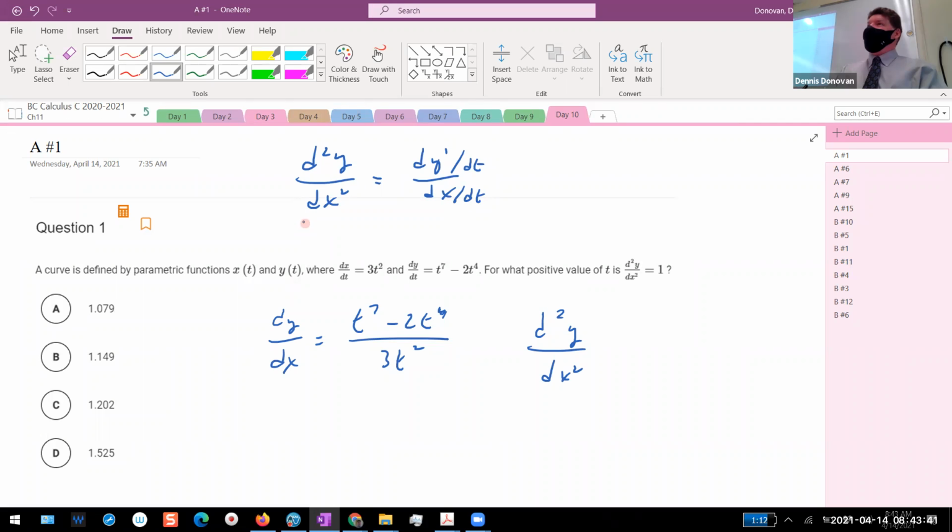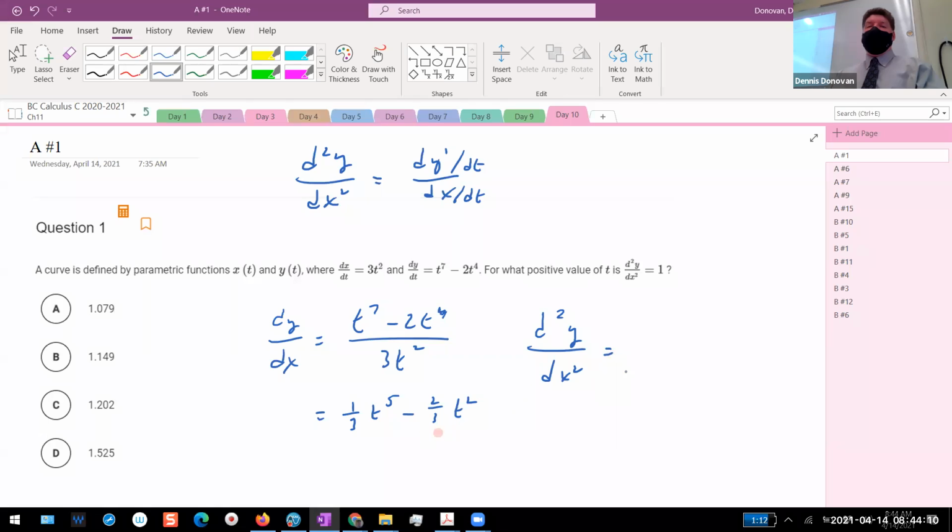The derivative of y prime with respect to x is the second derivative, and that's why dx is squared in the denominator, because it's dx dx. So this simplifies into 1/3 t to the 5th minus 2/3 t squared. That makes the derivative of this pretty simple, right?